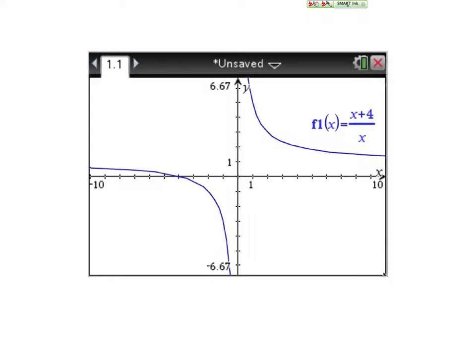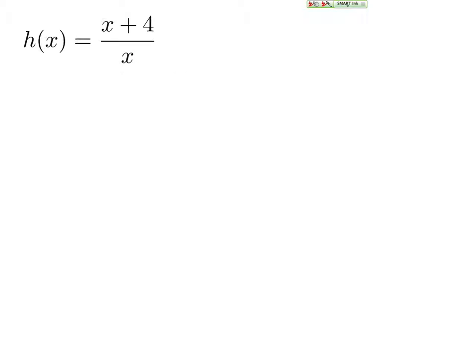Sure enough, it's the asymptote graph. Alright, so it does pass the horizontal line test, so we go back. We're ready to get going.